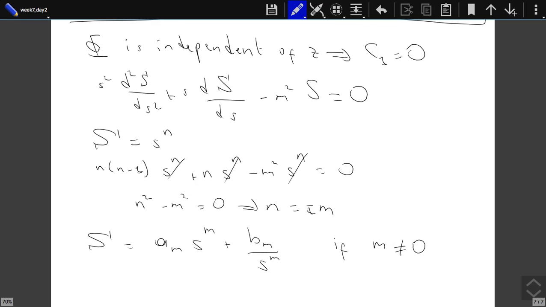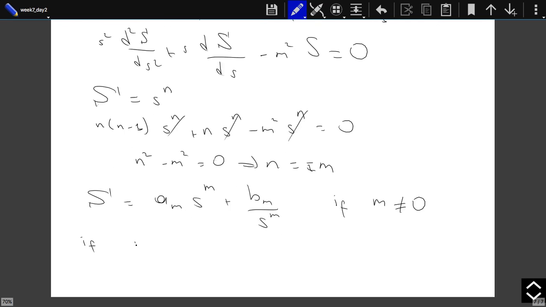If m is equal to 0, we have the constant solution, but both of them are constant. So this solution doesn't give us two independent solutions. We have to find the two independent solutions. So let's say m is equal to 0. Why? No, am should not be 0.